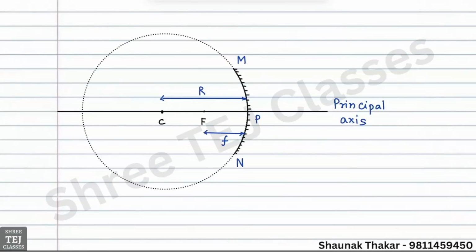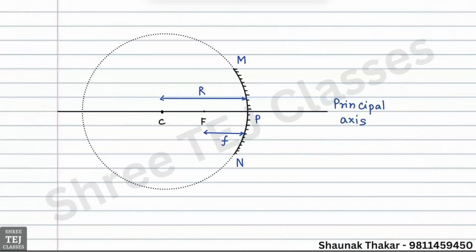Now let us look at various terms related to spherical mirrors. Here we have taken an example of a mirror that is curved inwards, so it is a concave mirror. But the same could be done for a convex mirror, whose reflecting surface will be curved outwards.